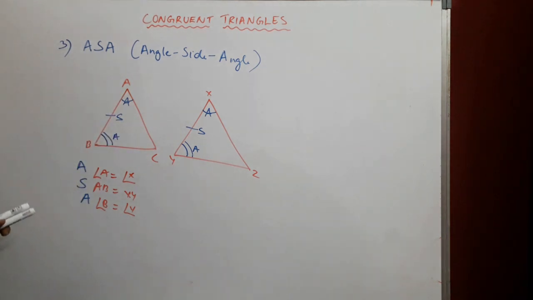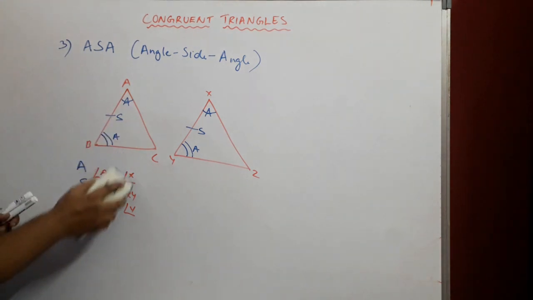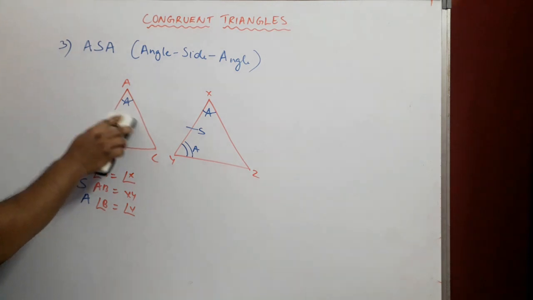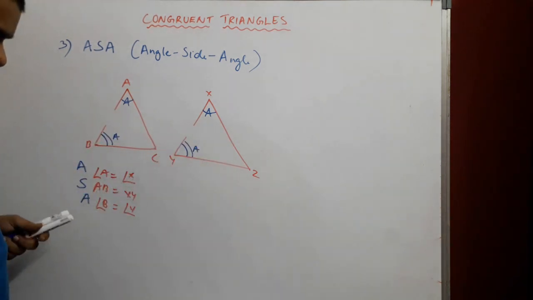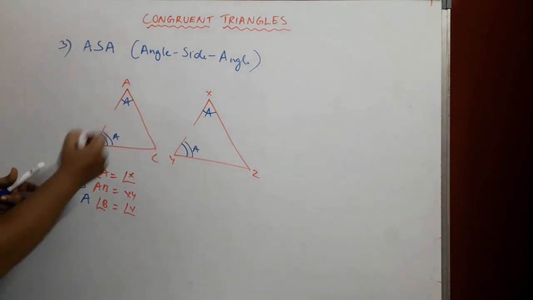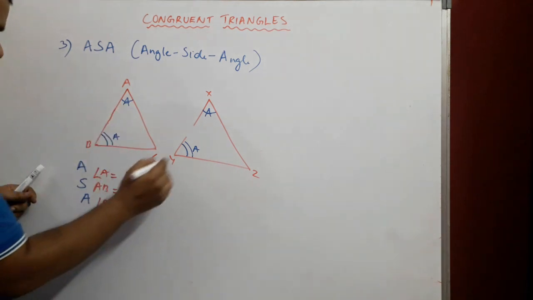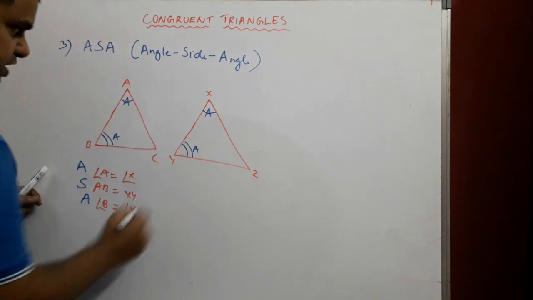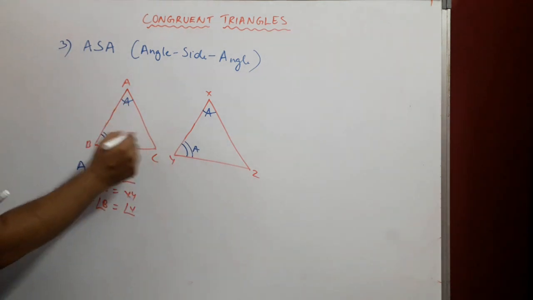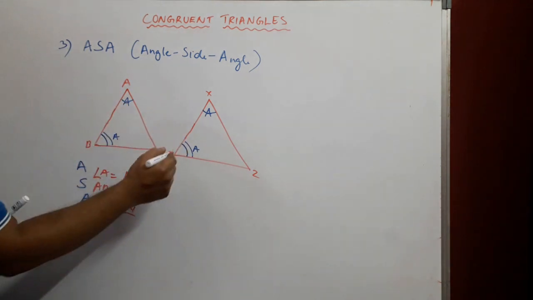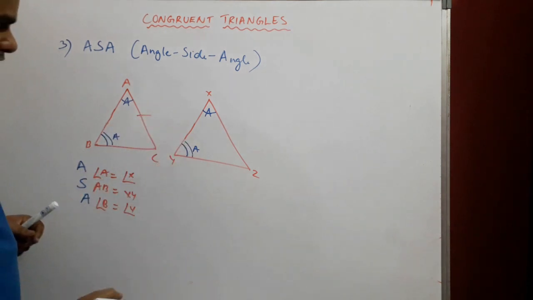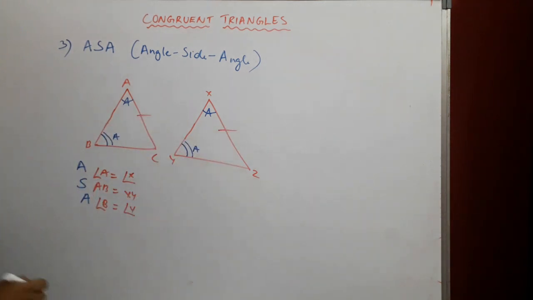But what if we had these two angles but we didn't have this side? Let's say we have two corresponding sides which are equal, but not AB equal to XY, but AC equal to XZ. Then in such a case we cannot apply the ASA congruence rule. Why?